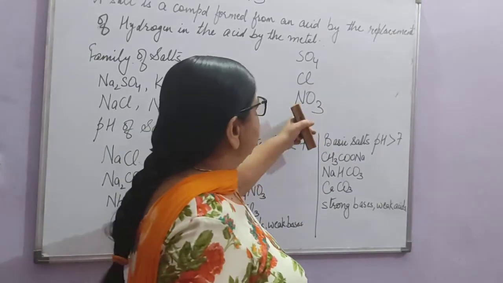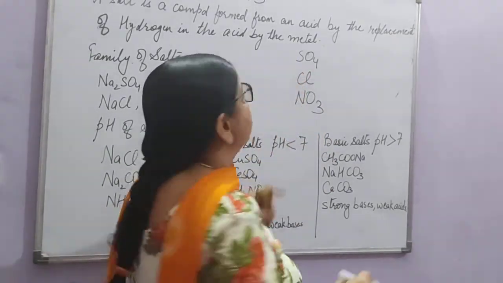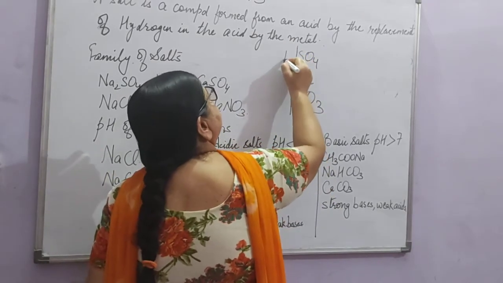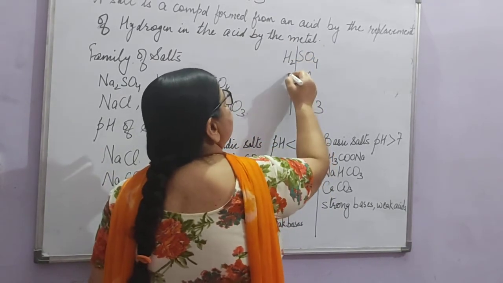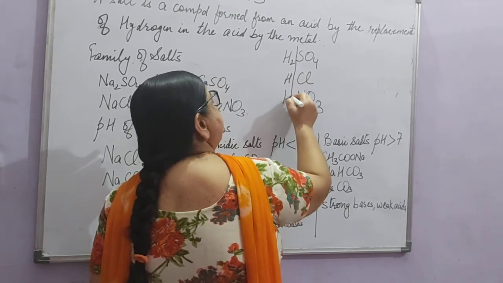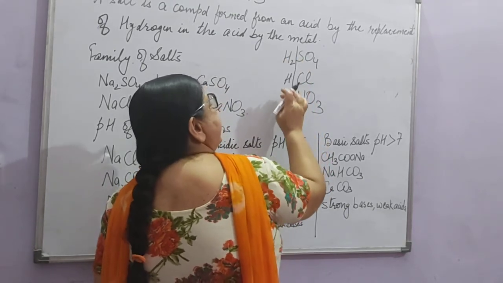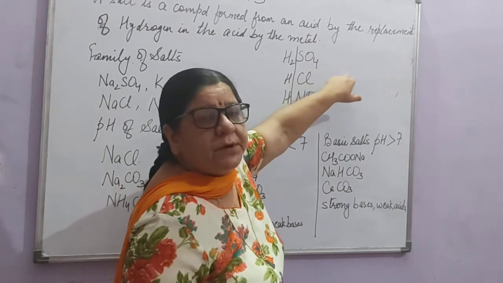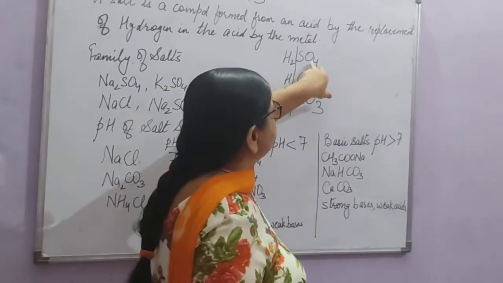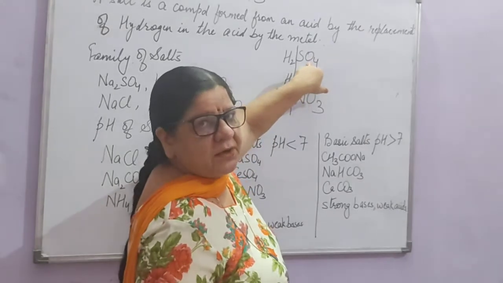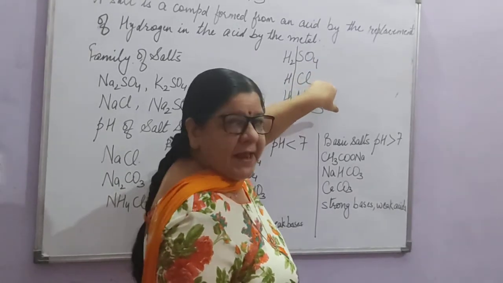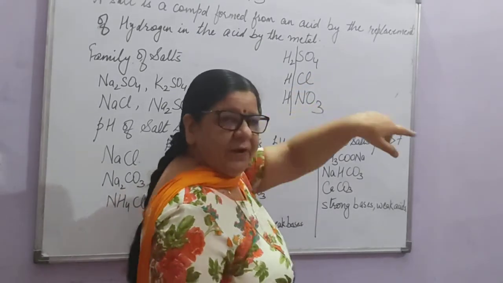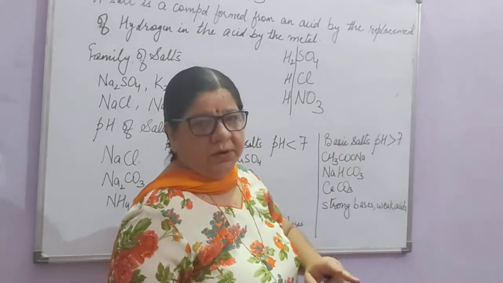So any salt which is formed by the replacement of H, here it will be H2SO4, HCl, HNO3, wherever this H will be replaced. Like just now we formed potassium sulfate, so that will be known as a sulfate salt. If it is sodium chloride, it will be known as chloride salt, nitrate salt, and so on.